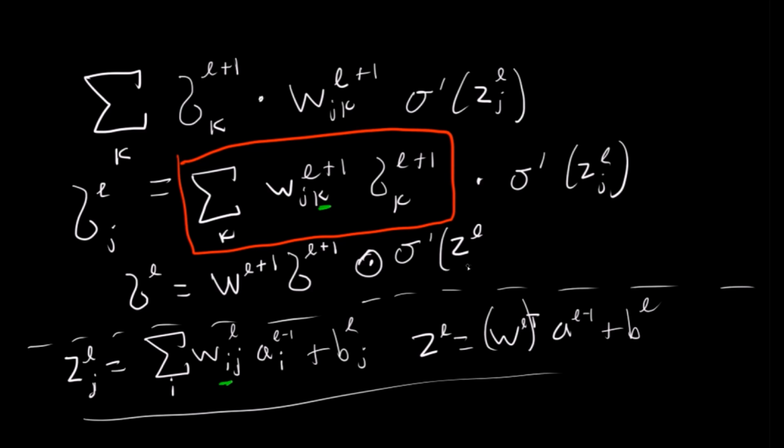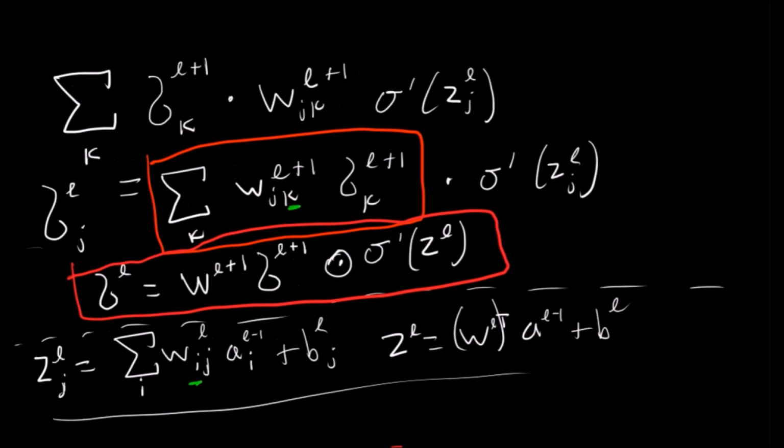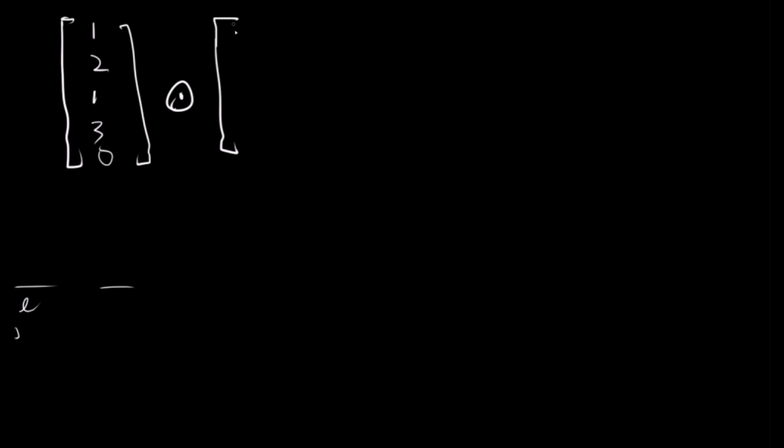Okay, and I want to be 100% clear on the element-wise multiplication, because if you mess this part up, your algorithm is not going to work at all. Let's define element-wise vector multiplication again really quickly, because this might be review for a lot of people. Let's say we have 1, 2, 1, 3, 0, and we want to do the element-wise multiplication with 0, 1, 0, 0, 5.